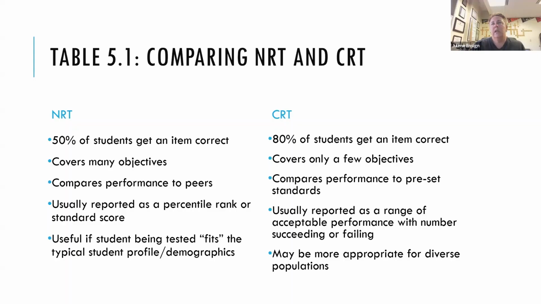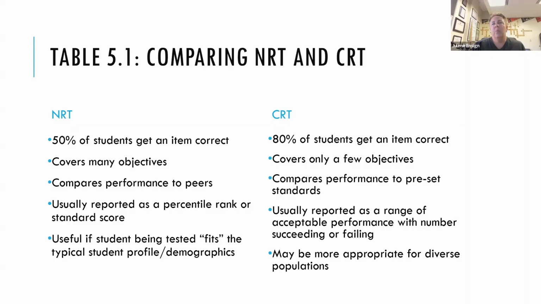Criterion referenced is standard based, so it's to a preset standard. Usually the norm referenced is a percentile rank, like the 99th percentile. Criterion referenced usually is an acceptable range. And on the norm referenced side, it's useful if the student tested fits the typical student profile or demographic.